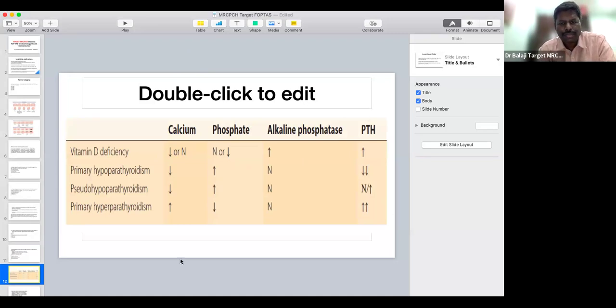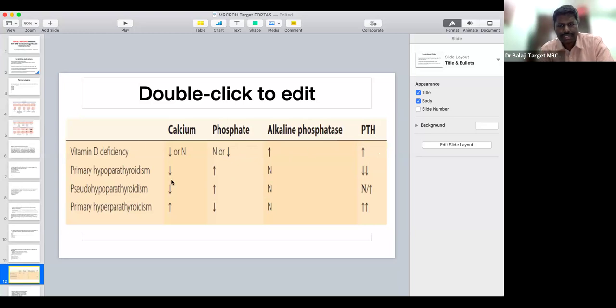So this table will help you in analyzing different causes. Okay. So we all know that in vitamin D deficiency, calcium will be low, phosphate will be low, and in any rickets, alkaline phosphatase will be elevated. So if a rickets scenario is there, alkaline phosphatase will be elevated. And secondarily, the parathormone will also be elevated.